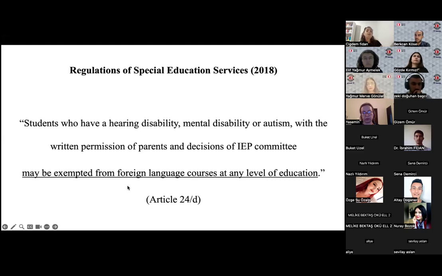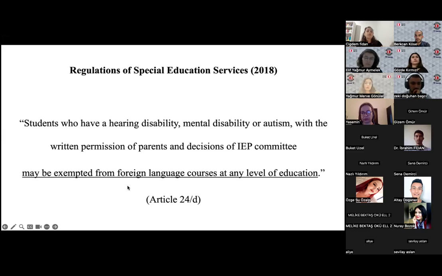For example, hearing students can learn English as a foreign language at a K-12 mainstream school, but a deaf student in the same school is mostly exempt from foreign language courses because of the belief that sensory loss may prevent these students from learning English, or parents often prefer or find foreign language education a burden on this student. And in the schools for deaf students, there is no English language education course.